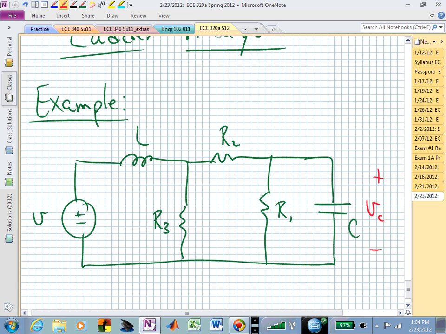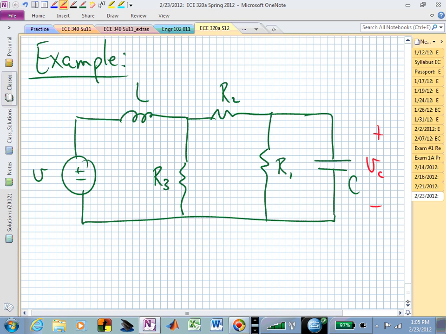And what variables would you like to concentrate on if you're writing governing differential equations? ELI the ICE man tells us we want the inductor current and the capacitor voltage. So this capacitor voltage, let's say, is the output voltage, and that's the equation we want to find.